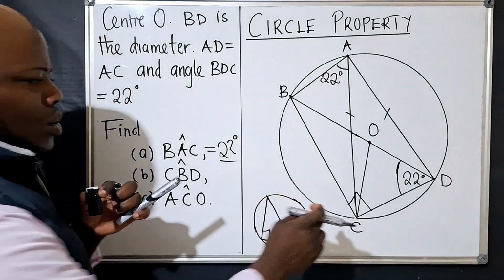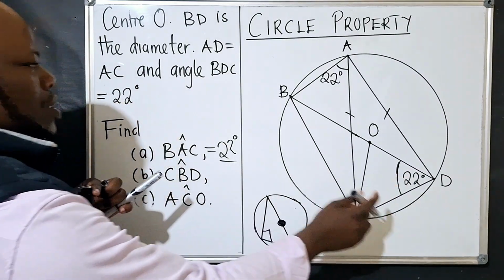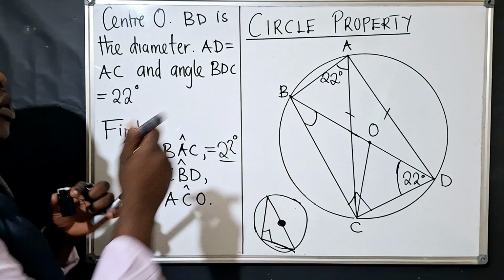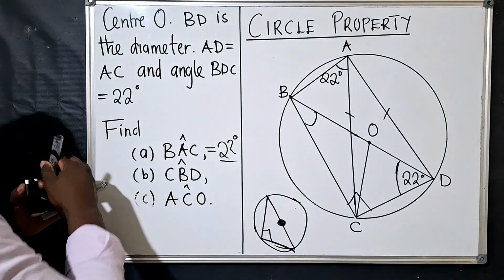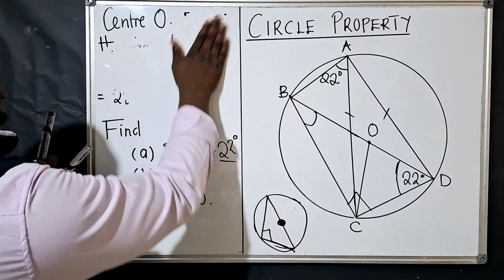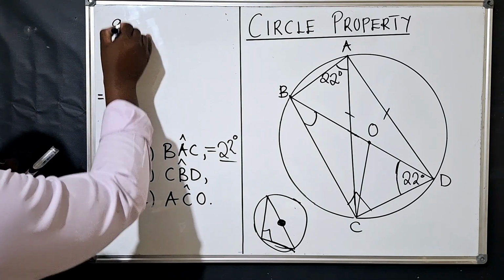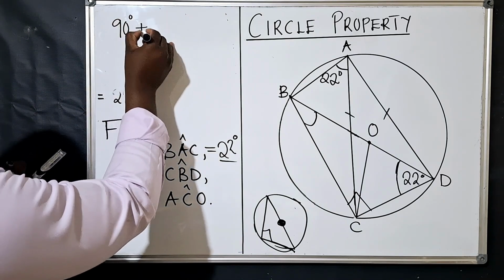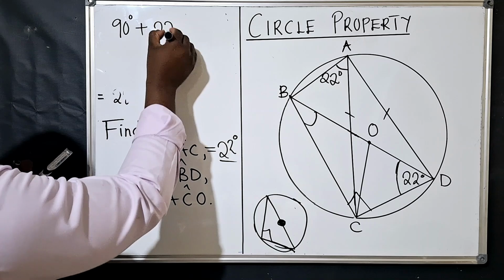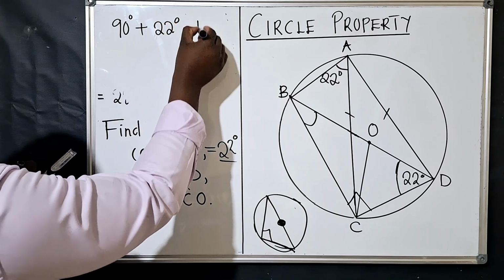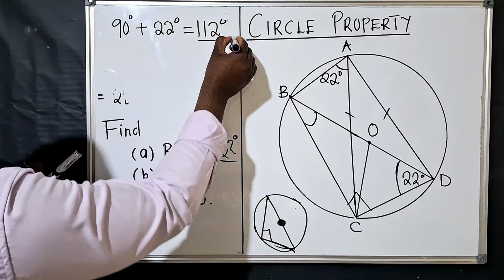So we've got two angles, 90 and 22. Therefore, we can find the angle at B. So let me clean up here so that we do our calculations from here. We're going to say 90 degrees plus 22 degrees. This is giving us 112 degrees.